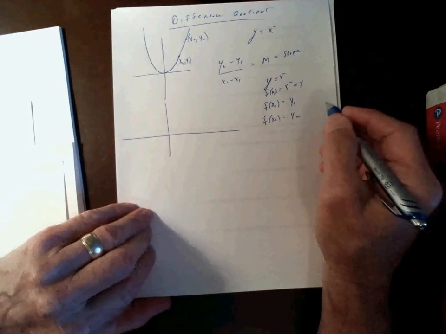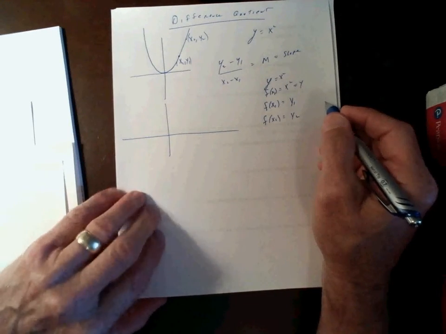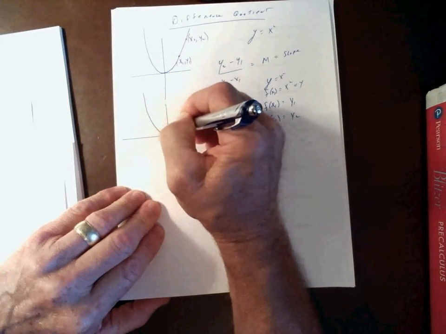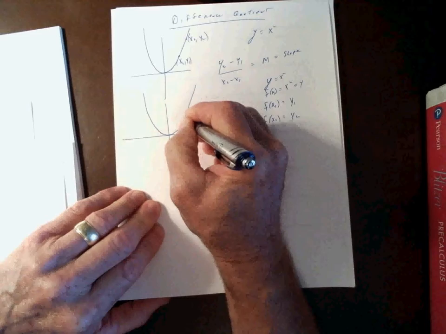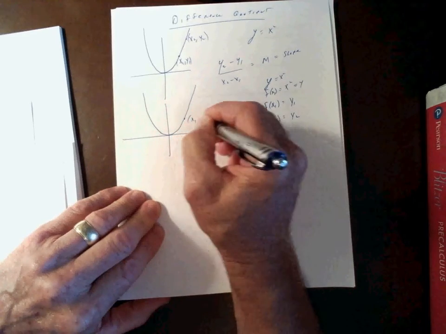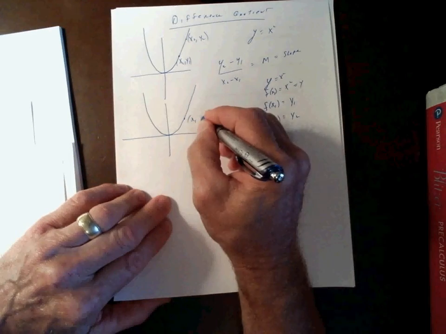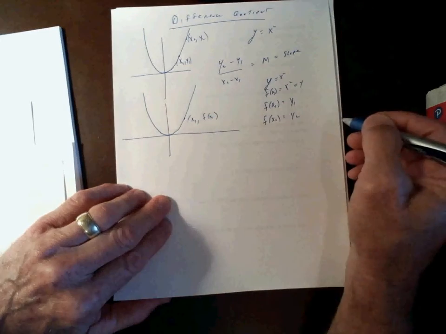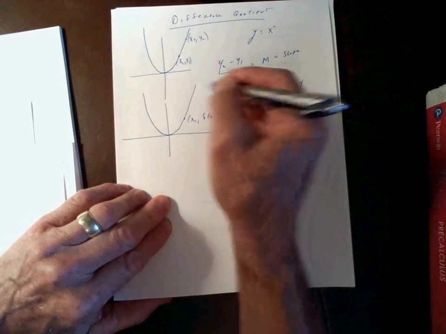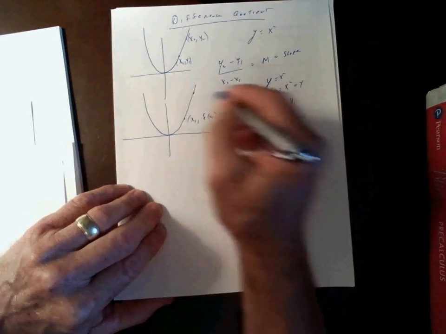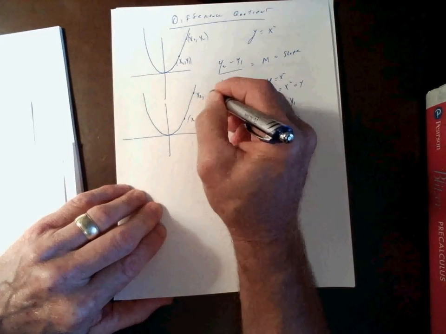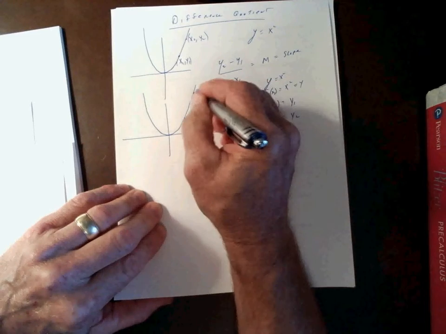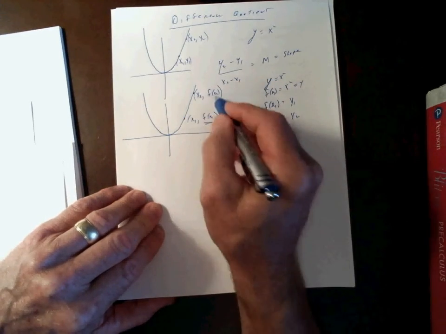So we can also rewrite this as, let's do some fancy language here, x1 comma f at x1, because that represents the y value of that ordered pair. And over here we can describe this as x2 comma f at x2 using my fancy notation, where this is just representing the y value of the ordered pair.